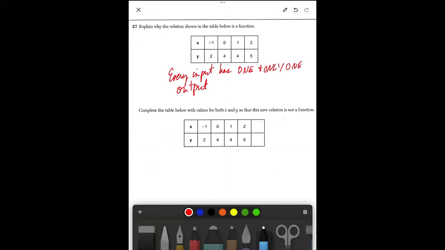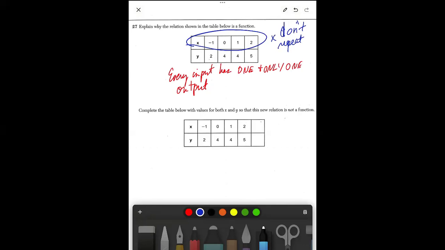Now, some people I've heard say, well, it's a function because the x's don't repeat. And most teachers will say, yeah, that's okay. But technically, it's not only that the x's don't repeat, but that the x's only have one value associated with them. That's the bigger idea.